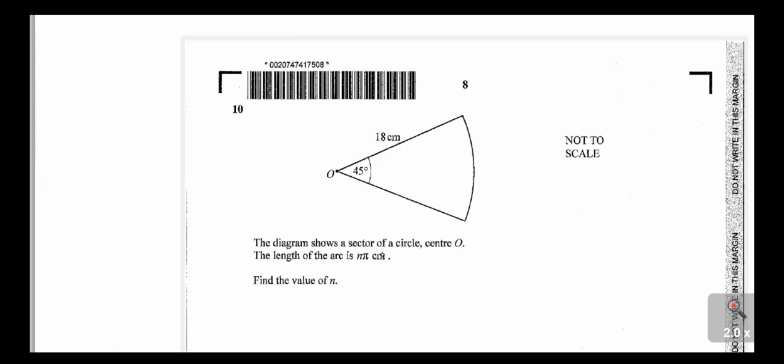Question number 10. The diagram shows a sector of a circle, center O. The length of the arc is n pi. Find the value of n. Look here, the arc length of a sector equals theta over 360 into 2 pi r. According to this, the arc length becomes 45 over 360 multiply 2 pi, r is 18.